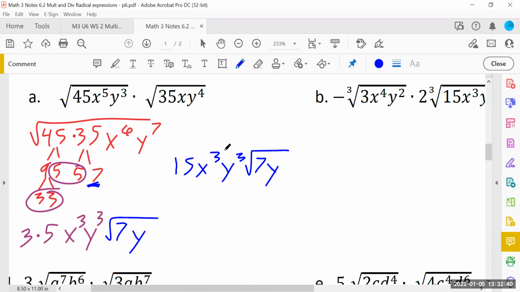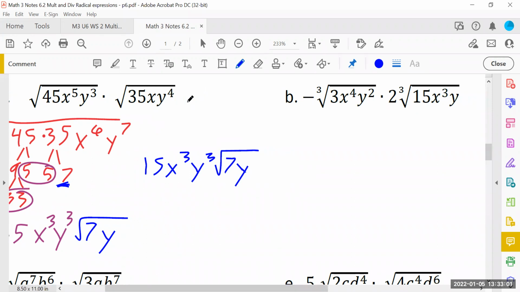And really, the only way to be sure about that is to plug a negative in and see what happens. Does that make sense? And then make sure that my answer matches here and here. Is everybody okay with that? So for us, because these are not even, I don't have to worry about it. I don't need absolute values.